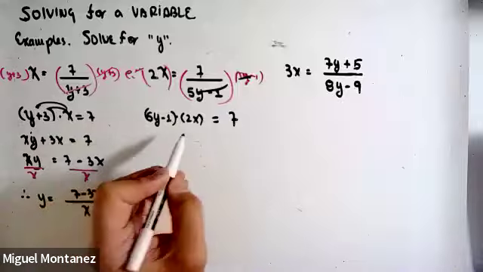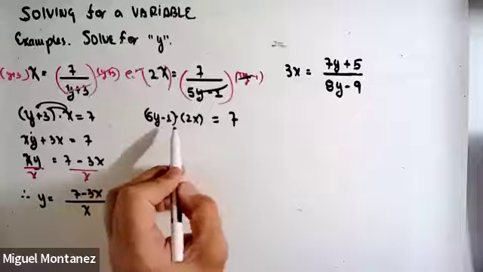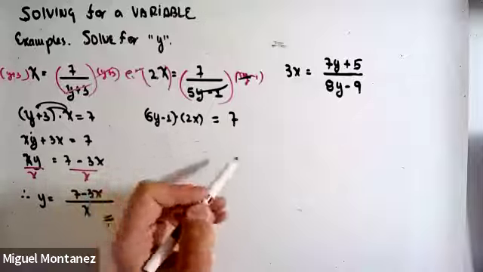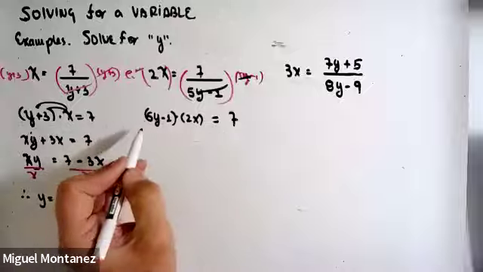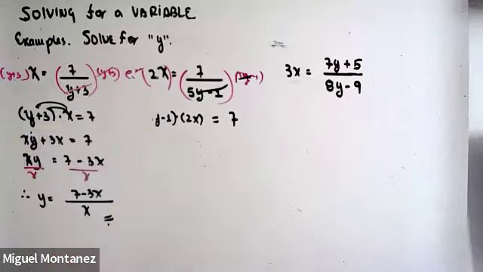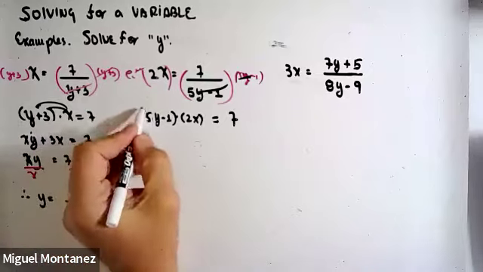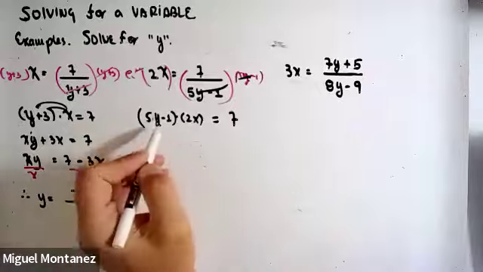Now we may distribute. Notice if I were to divide by 2x here, it gets quite messy, and then I'd have to divide by 5. So we end up with a complex fraction. This is why I prefer to always distribute, so I don't have to think about when I cannot.